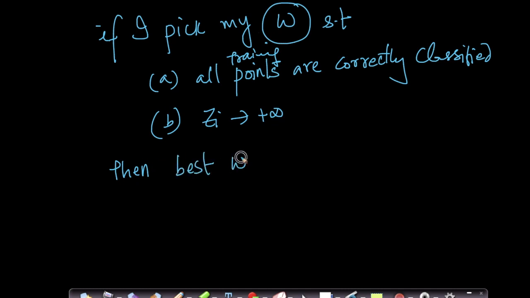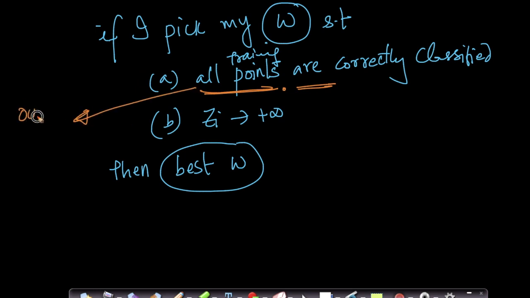Then we get the best w. But there is a problem with this. It will give you the best w, but there is a problem. The problem is as follows. What if some of your training points are incorrect? What if some of your training points are outliers?